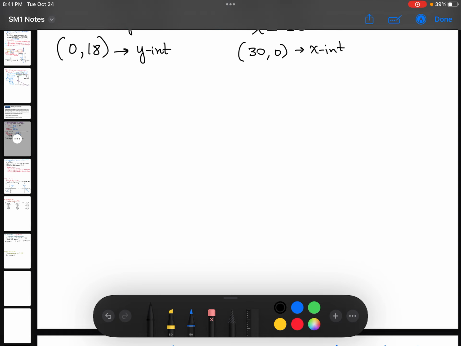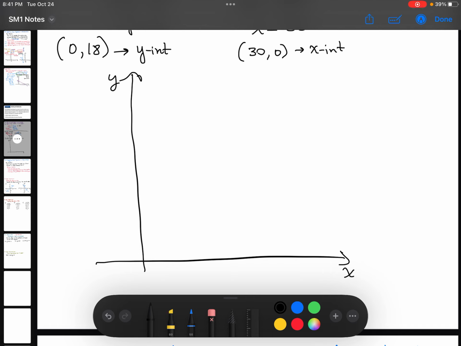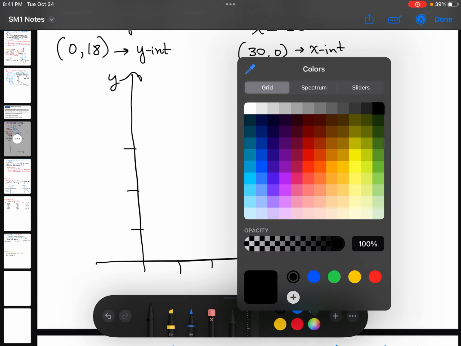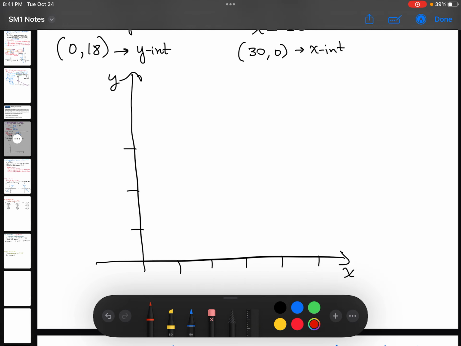Now we're going to use this coordinate plane, and let's do it by 6s. 6, 12, 18, 24, 30. And let's use this color now. So 0, 18.